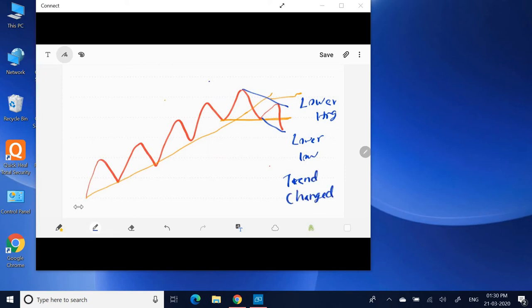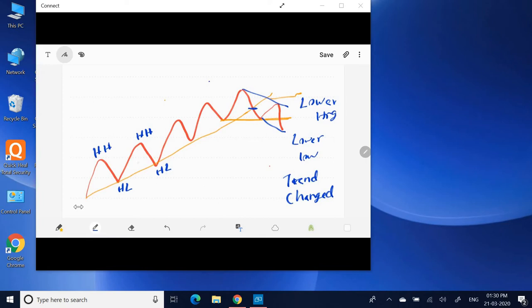You cannot predict this just by this break of trend line. And in this entire series, you would see higher highs, higher lows, higher highs, higher lows. Till you see this happening, the trend is not changed.